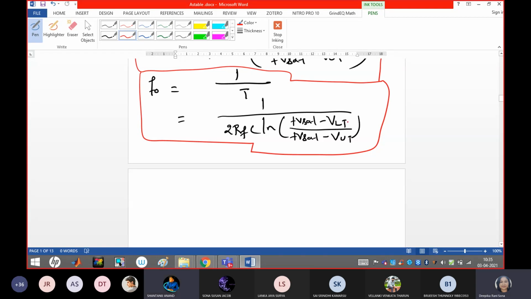This VUT and LT, the question: if R1 and R2 are given, along with the RF value, and you have to answer what is the frequency of oscillation, how do you answer that?